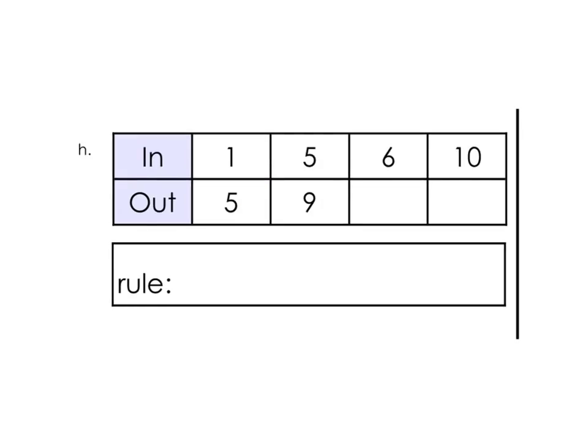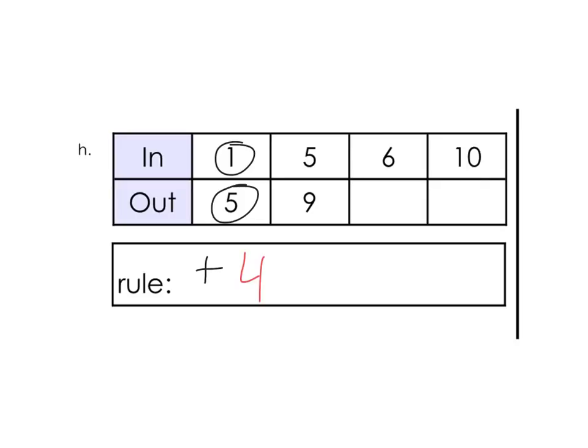Here's one more example. I'm going to look. My in number is 1. My out number is 5. So I got to think, my rule, did that make that out number bigger or smaller than my in number? 5 is bigger than 1, so I know I'm adding. Now I can count up. I can count back. 5 and 1, I'm going to count back. 5 minus 1 is 4, so I know that my number grew by 4.